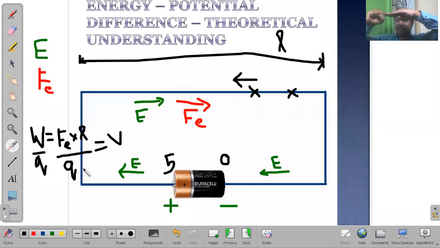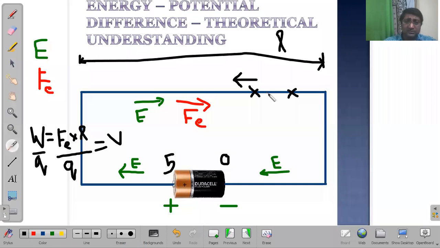Force direction and particle direction are the same. Then we call it positive work. So if there were positive charges in this wire, it would have been positive work. But what's happening in this discussion is that the force direction is like this, but electrons are moving in the opposite direction. When the force results in reverse direction movement, we call it negative work. So whatever work is done in wires, all that is negative work done.